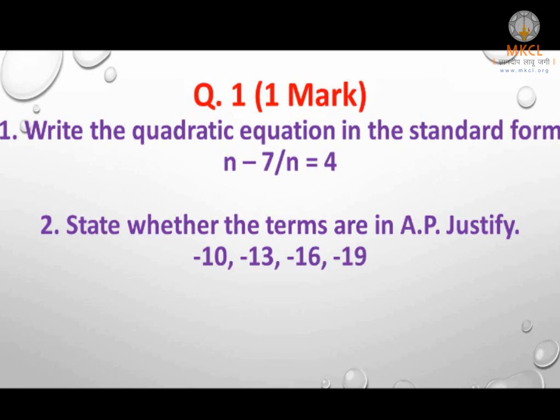Another question that is likely to appear in this question is: state whether the terms are in AP and justify. And the terms given to you are minus 10, minus 13, minus 16 and minus 19. Now here, first give numbers to these terms, that is T1, T2, T3 and T4.